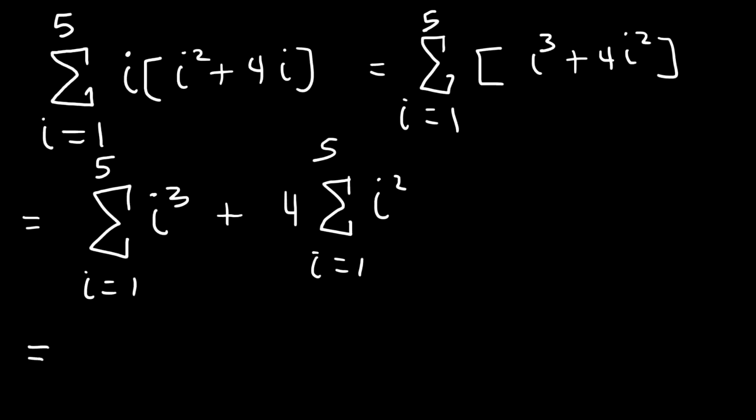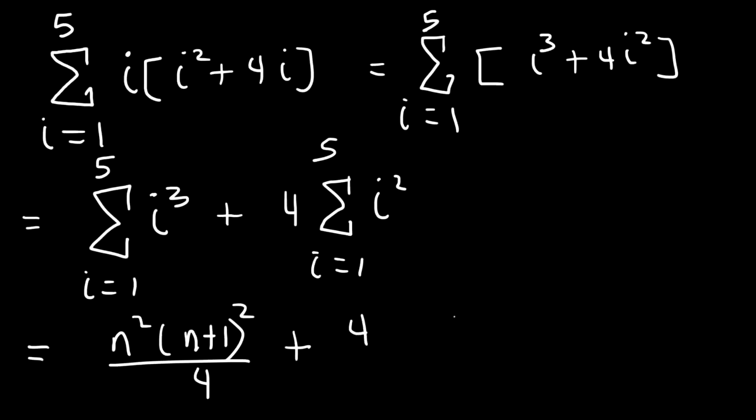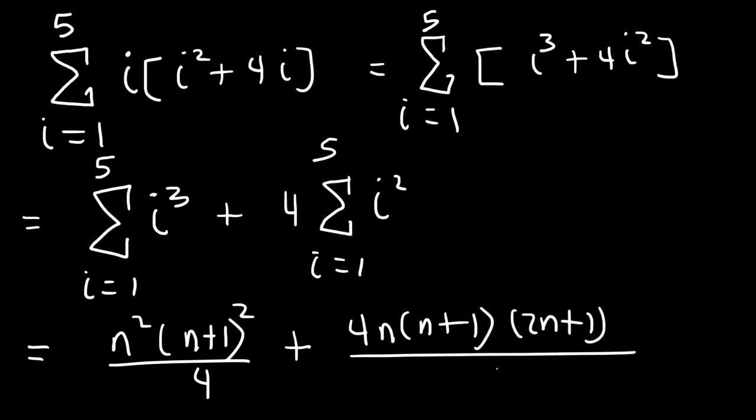Now the formula for i to the third power is going to be n squared times n plus 1 squared over 4. And then for the second one, it's going to be 4 times the formula for i squared, which is n plus 1 times 2n plus 1 divided by 6.